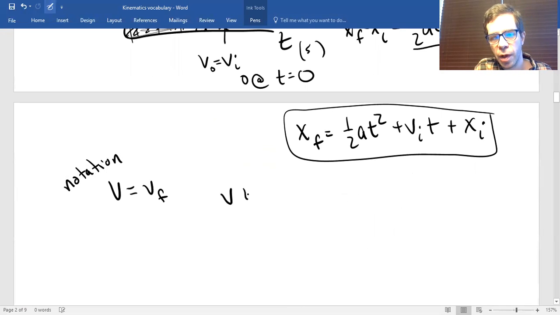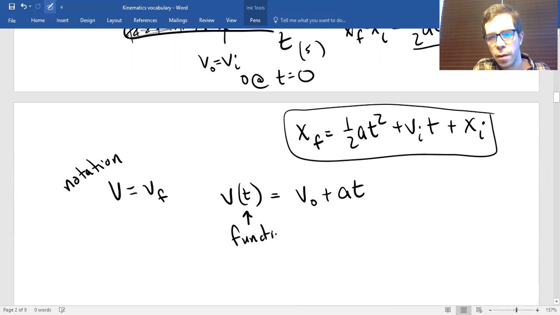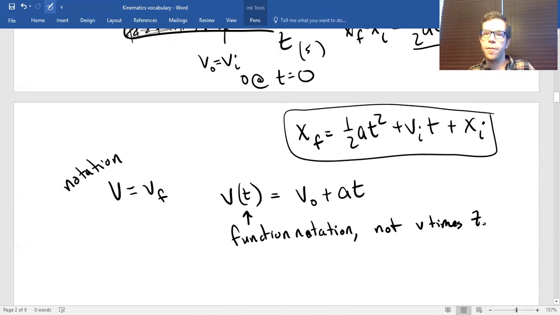And that's using functional notation. If I say v of t equal to v naught plus at, this is function notation, not v times t. It's the function defining v evaluated at time t.